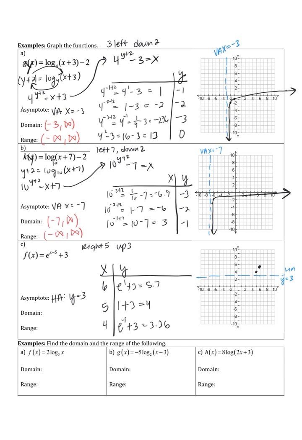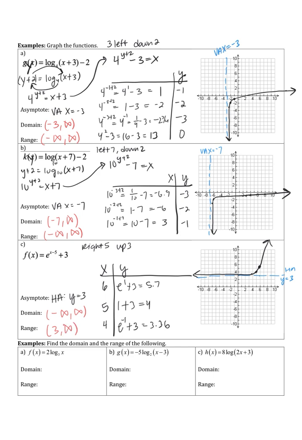So we've got 4 over, up 3.36. And here's what our graph should look like. We've got a domain of all real numbers and a range from 3 to infinity.